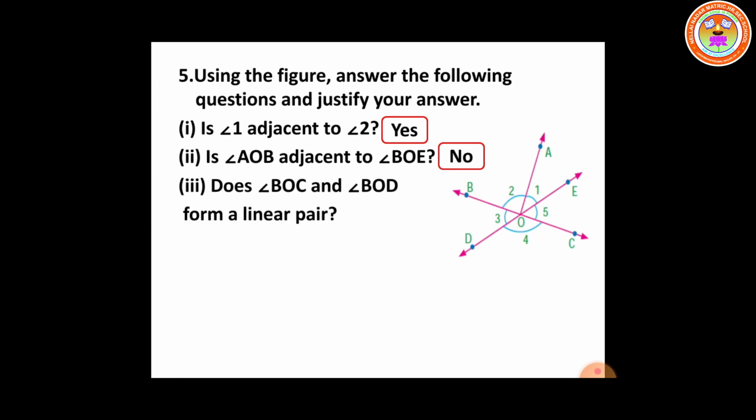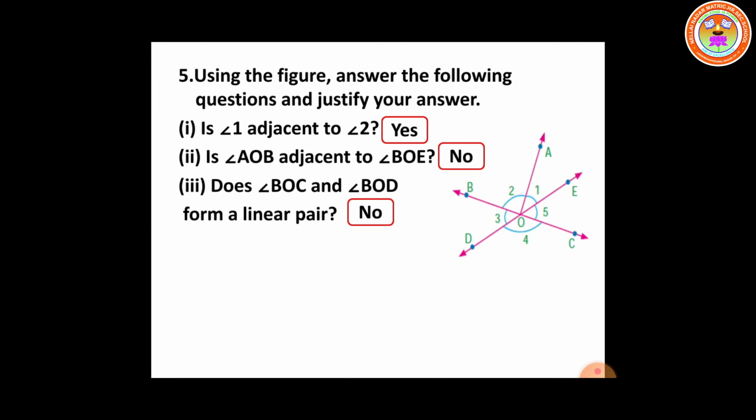Next, third question, does angle BOC and angle BOD form a linear pair? No, because it's a straight angle. If the sum exceeds 180 degrees, it is not a linear pair, it is a straight angle itself.